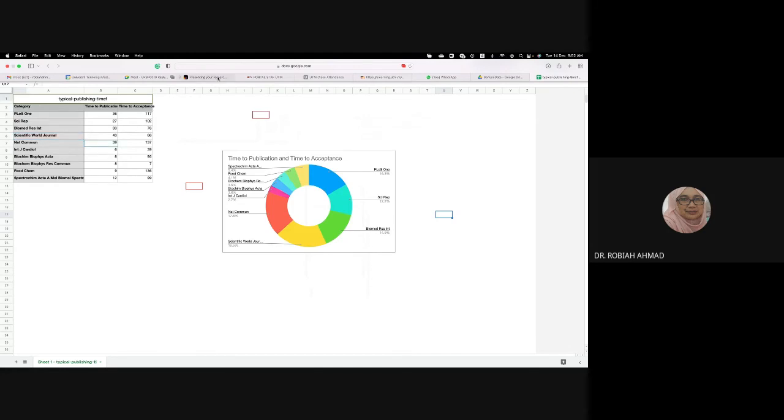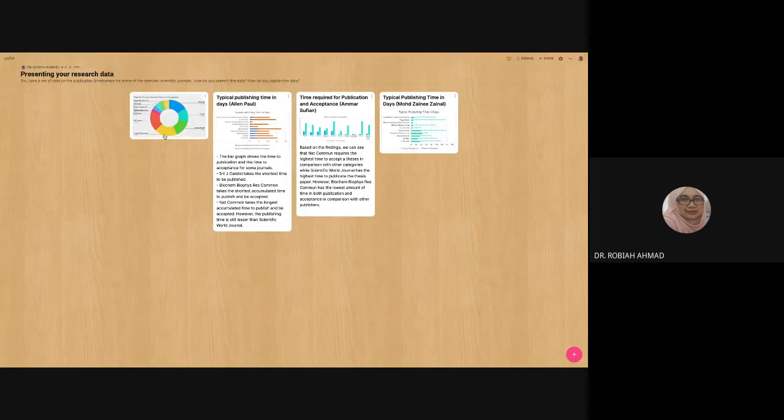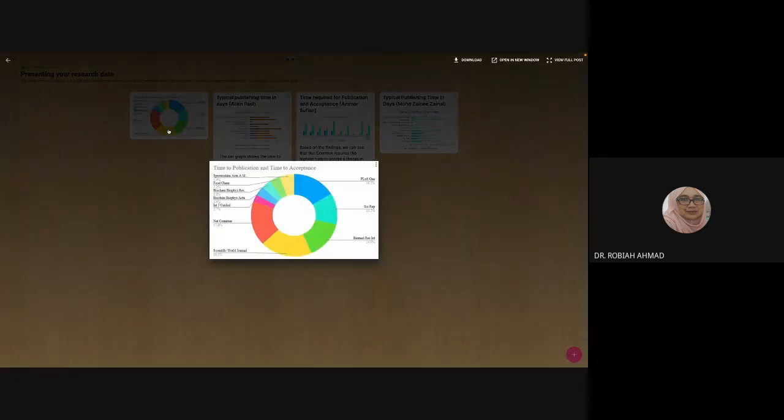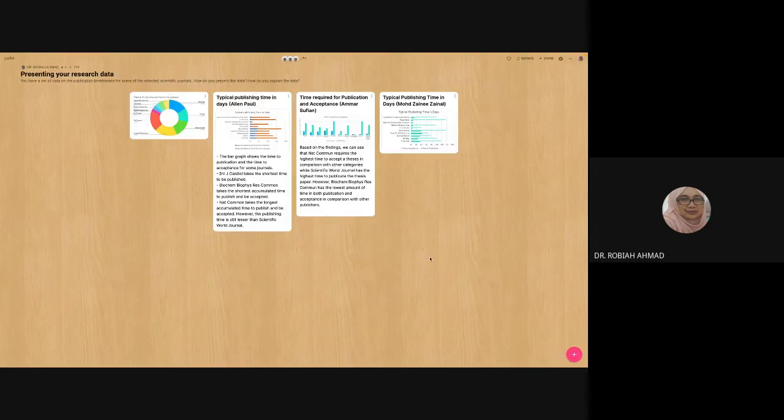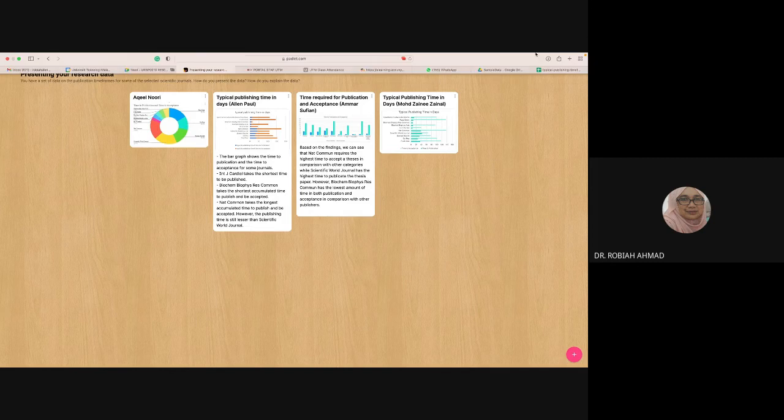Okay, dah 5 minit dah. Ni siapa yang buat donut chart ni? Tak ada nama. Okay, here there is Ellen. May I know who did the rest? So 2 more ladies.